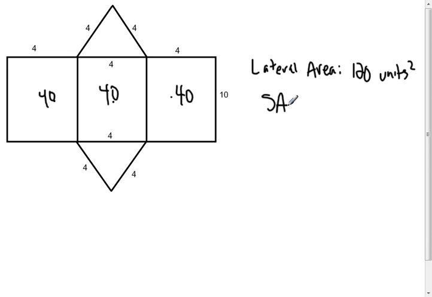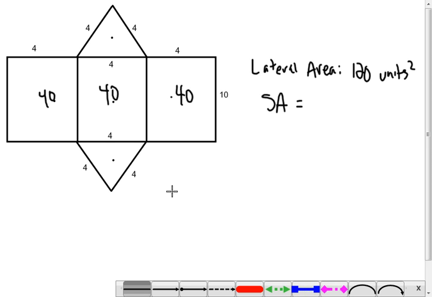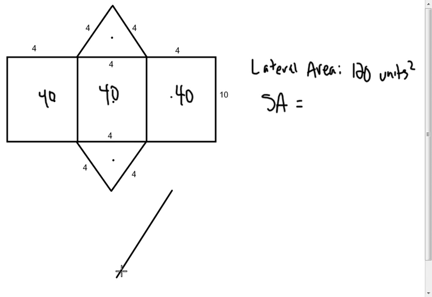The surface area is going to be a little bit more messy because we have to find the area of this triangle and of this triangle. So let's take a closer look at one of these triangles. I'll try to sketch it down here. We'll call these sides 4, 4, and 4.